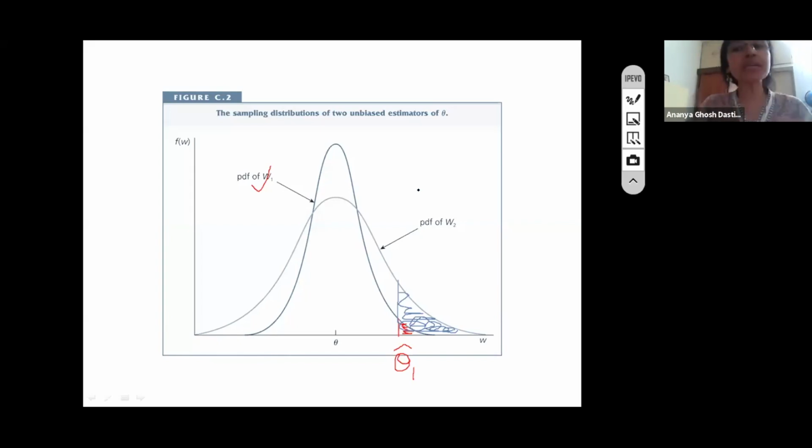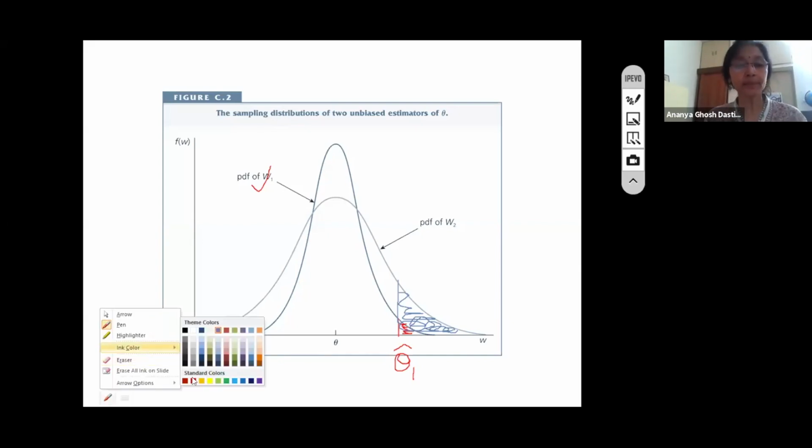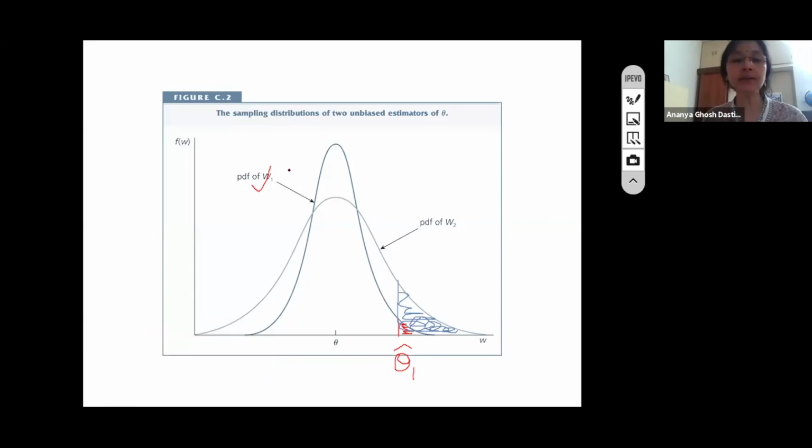And what you see on your screen demonstrates what it means visually to have an inefficient estimator, where W2 is an inefficient estimator compared to W1, right? So W1 is an efficient estimator because it has much less variance, and W2 has much greater variance, where again, please note, both of them are unbiased. Both of them are centered on theta.